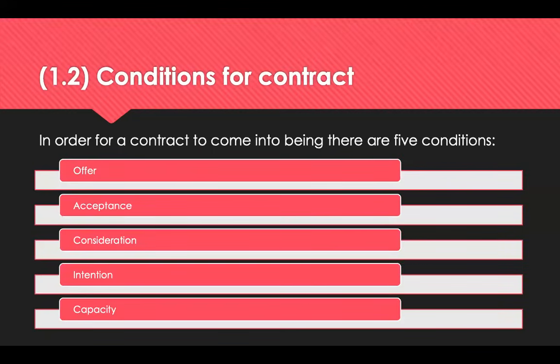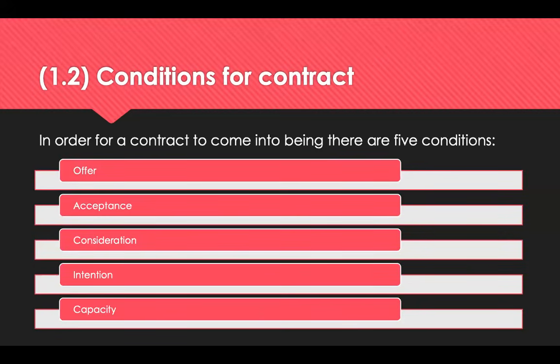Now, an offer is a full statement of what the person making the offer is willing to provide and the terms upon which they're offering to provide it. The acceptance can only occur while the offer is open and must be absolute and unconditional.